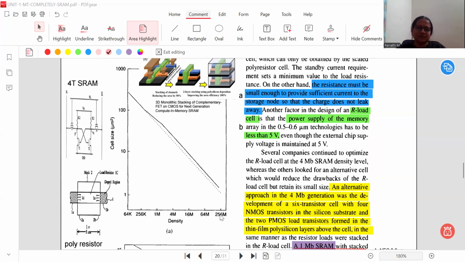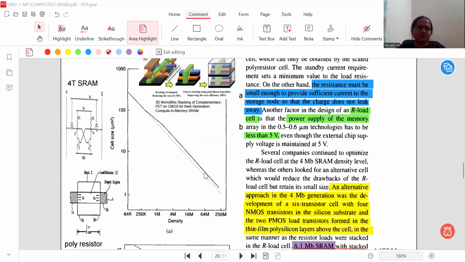If we observe the cell size, at 64 kilobits the cell size was between 100 to 1000 micrometer square, say for example some 300 to 400 range. That 300 to 400 micrometer square range reduces if you observe 4 megabits of memory.